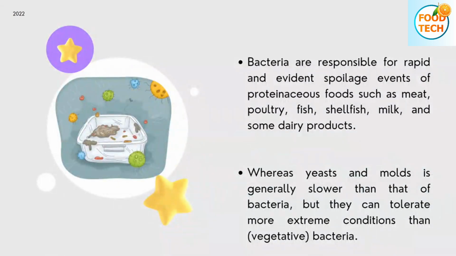Bacteria require water for their survival, but yeast and mold are so notorious that they don't even require water for their survival. Water is the basic unit of life, right? So they can even withstand such conditions without water. That is why yeast and mold are one of the major concerns for the food industry: how to protect the food from yeast and mold, right?